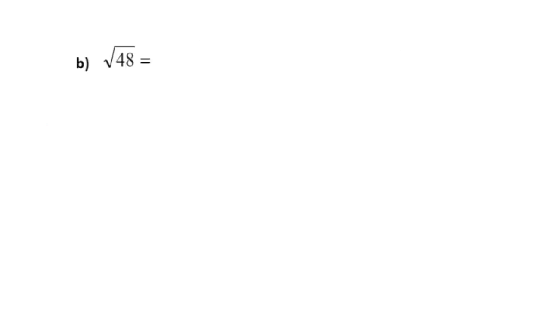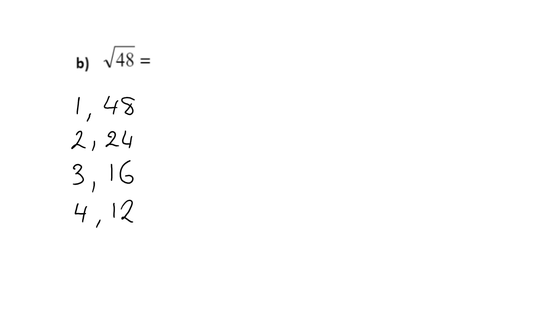Example B, we'll go a little shorter again this time. We're looking at the factors of 48. Now, we don't need to go through this every time, but just for the purpose of understanding where these numbers come from, we'll look at 1 and 48, 2 and 24, 3 and 16, 4 and 12, and 6 and 8.